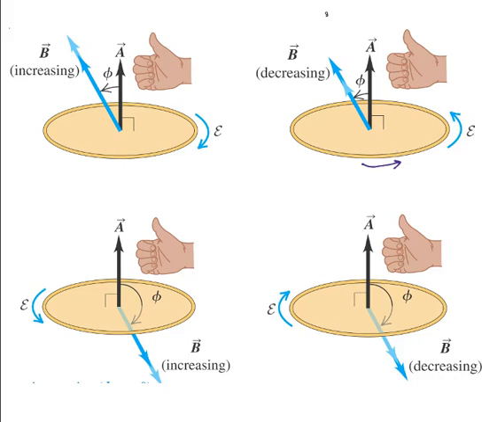Okay, so here I hope you can see that the flux is positive, because the angle between the magnetic field and the area vector is less than 90 degrees. But since the magnetic field is decreasing, the flux is decreasing. So the change in the magnetic field with respect to time is less than 0, right?